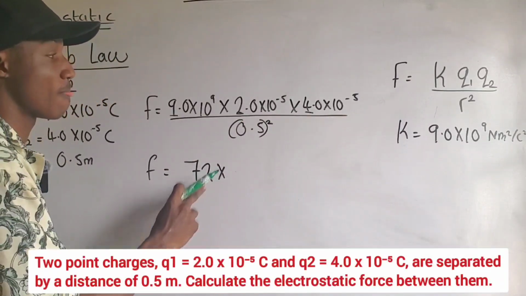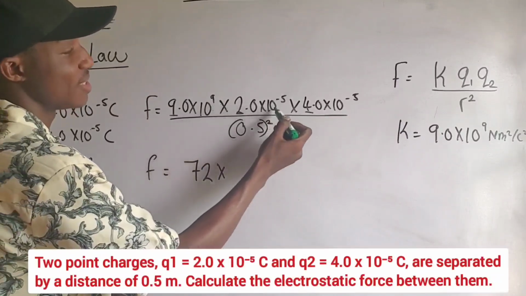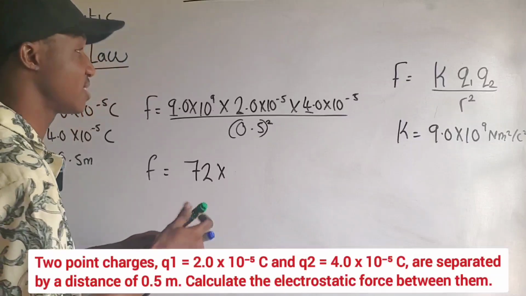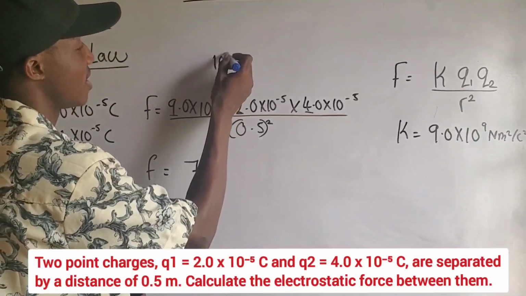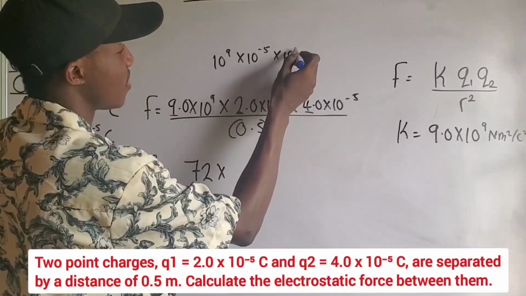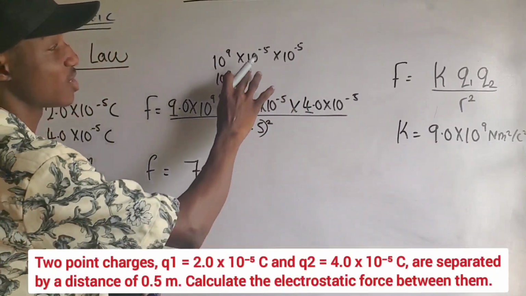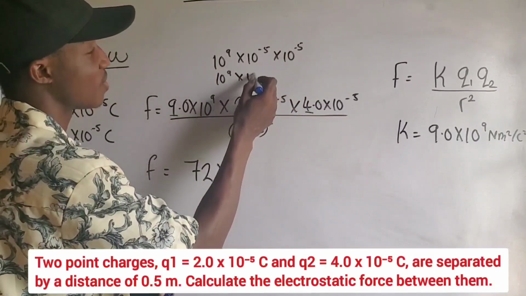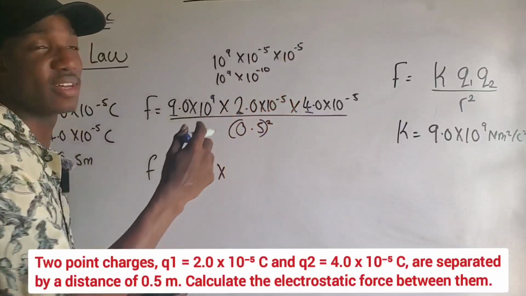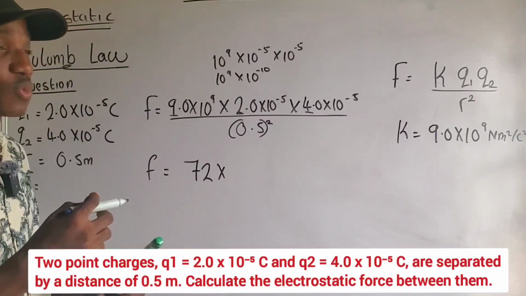Now take the product of 10 raised to the power of 9, 10 raised to the power of negative 5, and 10 raised to the power of negative 5. According to the law of indices, the powers of negative 5 and negative 5 are summed together, giving minus 10.